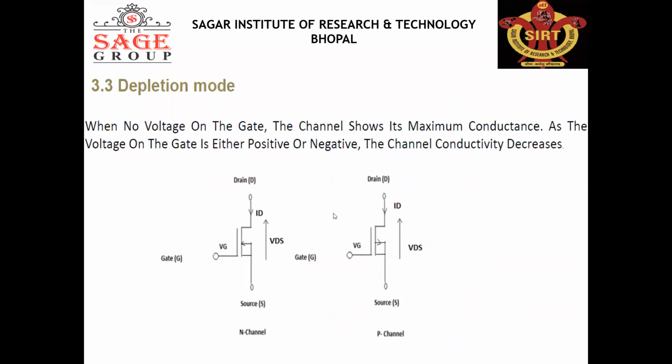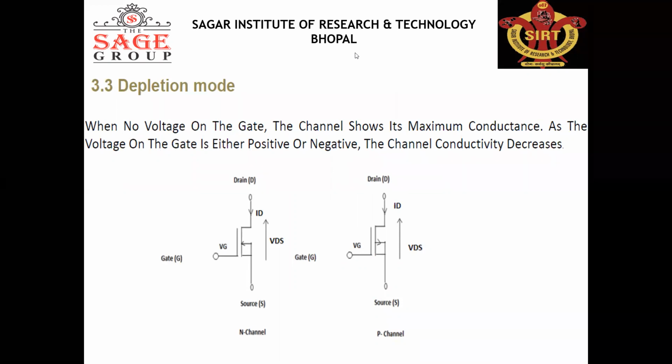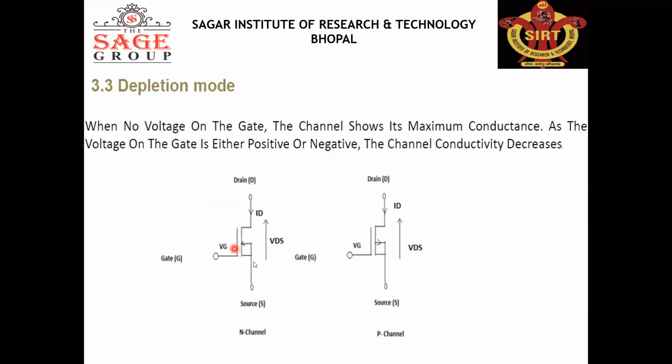Next, depletion mode. In depletion mode, we can see here that the line is not broken, which means the channel exists between the drain and source. Since the channel exists, even when the gate voltage is zero, current will flow between the drain and source. By applying gate voltage, we can control the current.